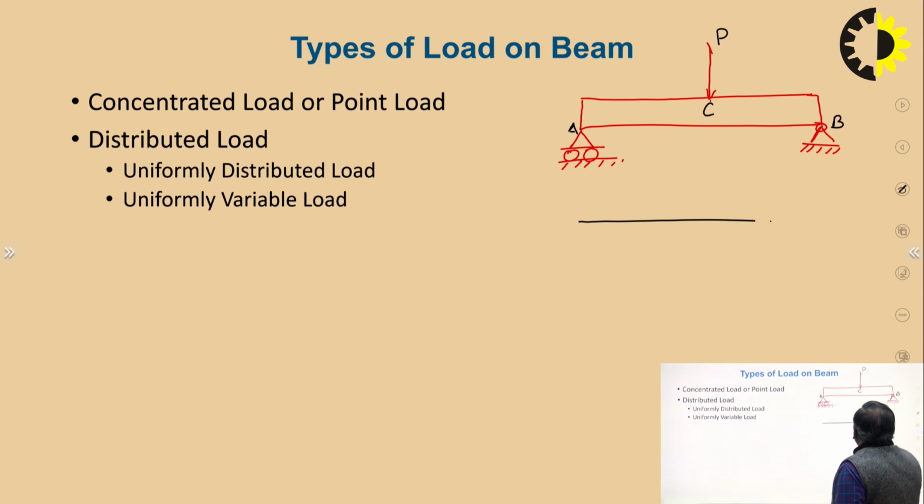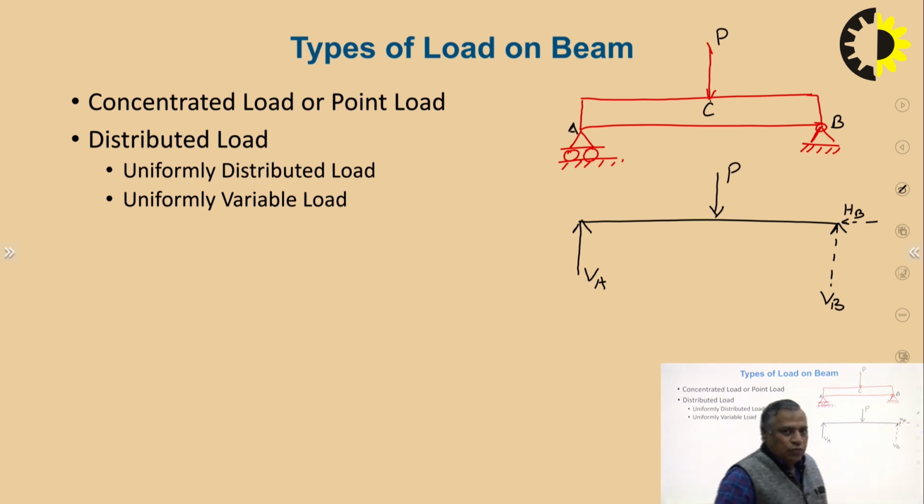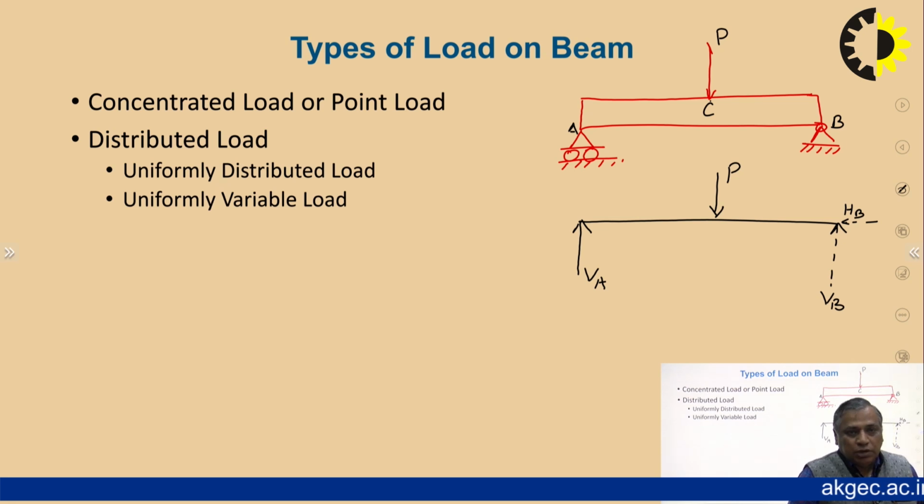Now we will convert it into the free body diagram. This is VA. This will be the hinge, so this is VB vertical, this is HB, and this is P. Now to determine the reactions, we will use the equations of static equilibrium. Summation Fy is equal to 0.